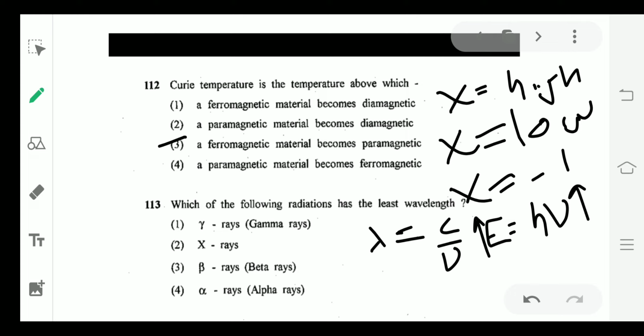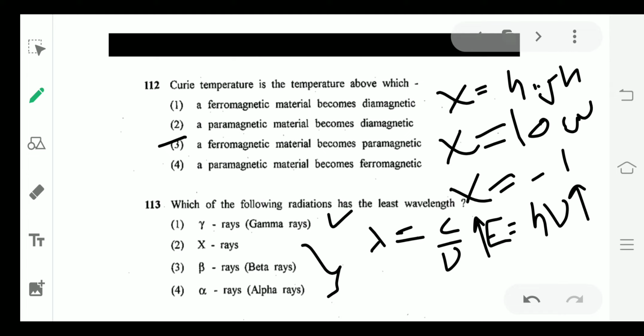Energy is directly related with the frequency. So for high energy, high penetrating power, its wavelength will be the least. So the penetration power, meaning the energy, of gamma radiation is higher than these three radiations.